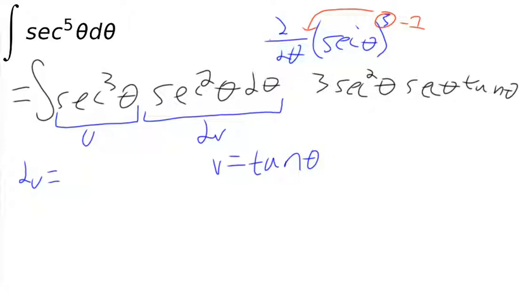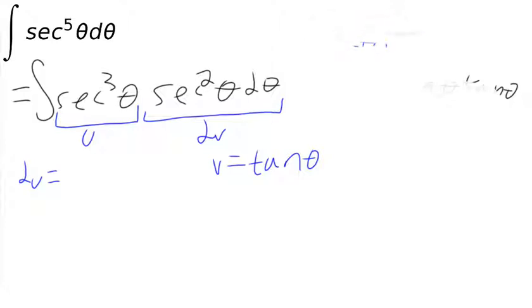So I'm going to erase this and then write it down over here. So this was 3 secant cubed theta tangent theta d theta.